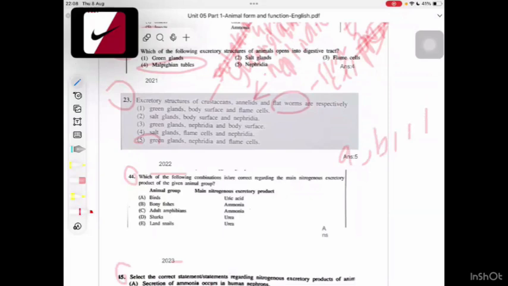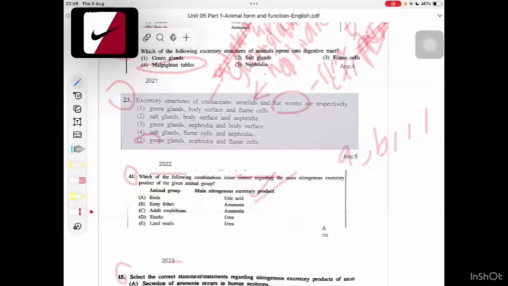Now, which of the following combinations is or are correct regarding the main nitrogenous excretory product? Now, remember, this is an A, B, C, D, E question. So, A, birds, uric acid. Yeah, birds excrete uric acid, therefore correct. Bony fishes, ammonia. Yeah, that is also correct. Adult amphibians, ammonia.